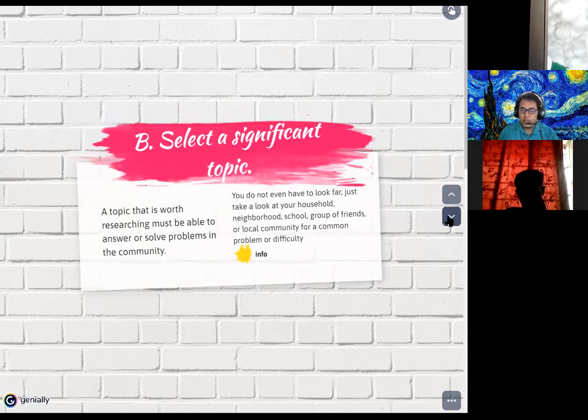So dapat yung mga problems natin o yung topic natin, dapat it can give solutions as well as answers to the community problem. Okay, for the problem that we are facing right now. Okay, so those are problems. So dapat it can give solution. Hindi yung it can give additional problem.